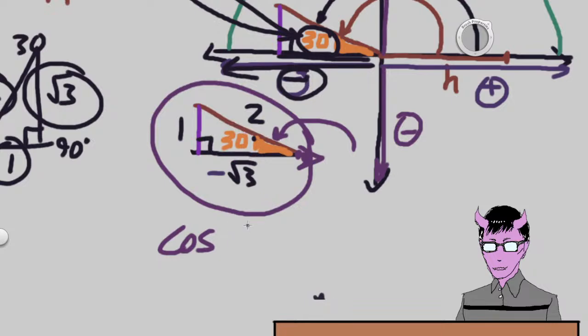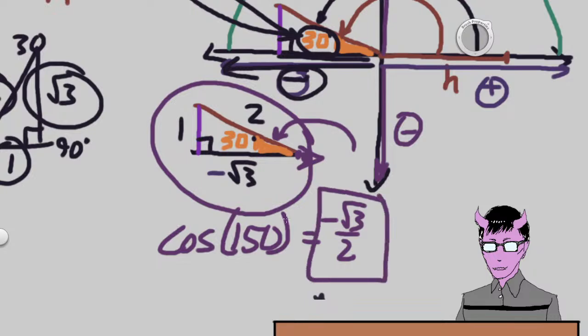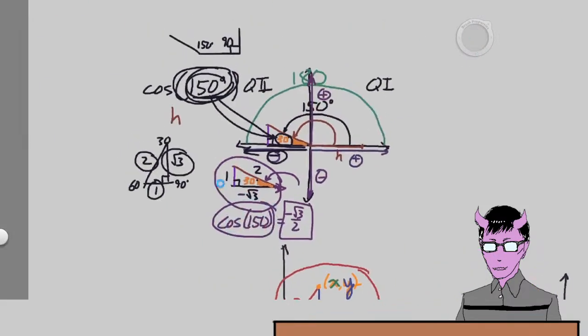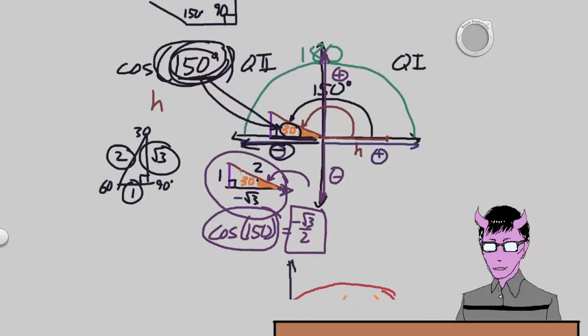Cosine is the ratio of adjacent over hypotenuse, and the adjacent is negative root 3 over hypotenuse of 2. And this is the answer for this particular problem. I feel like that was a lot to talk about, but like I said, it'll become a lot easier once you go through the motions.